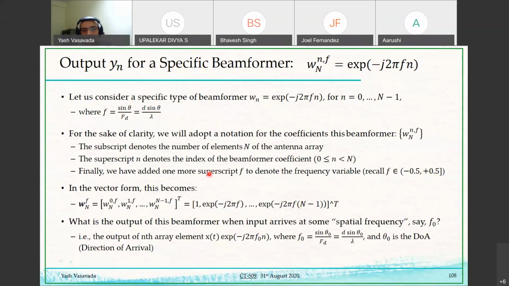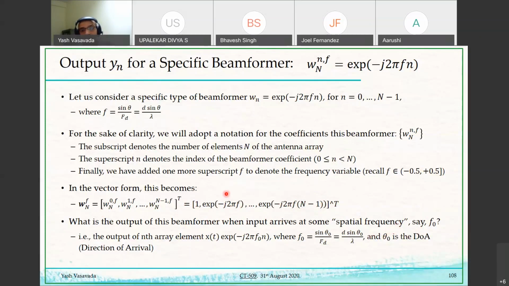But otherwise, the rest of this part is the same. Remember, earlier on we said that we are going to take the filter weights themselves as complex exponentials. So here also we are taking the filter weights as complex exponentials. And then we said that when the incoming signal arrives at a certain frequency, now it will become a spatial frequency.